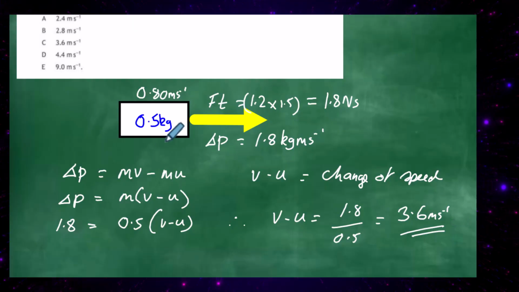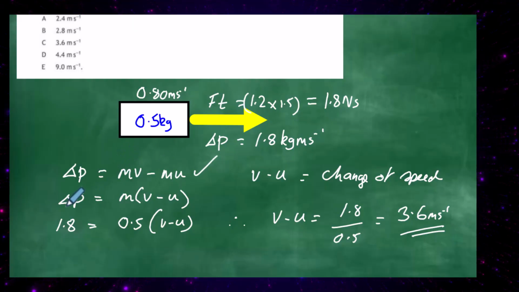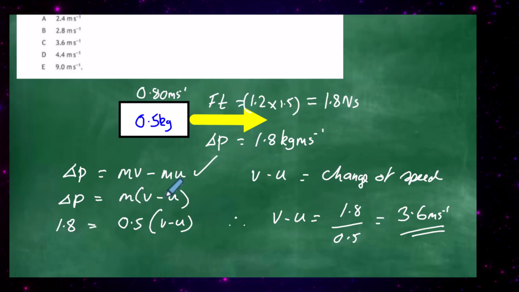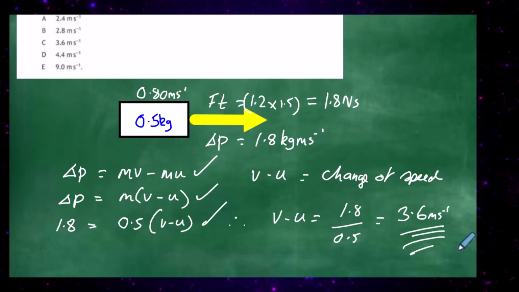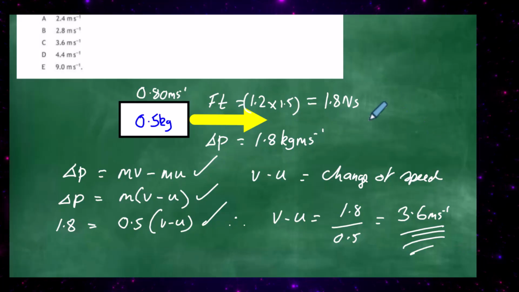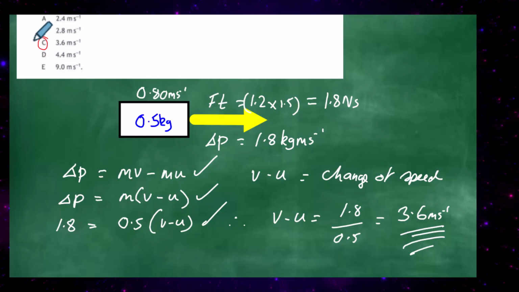Once we know the change of momentum, we know the formula, we can take out the common factor m here and get the change of momentum is equal to mass times the change in velocity. Plug things in and we get our final answer. So the response to that one is going to be 3.6, and that's going to be C in our responses.